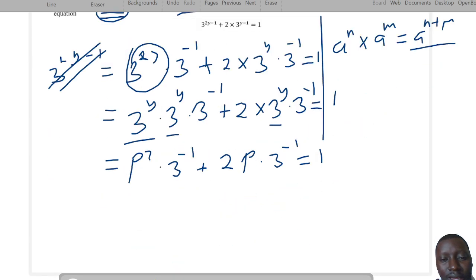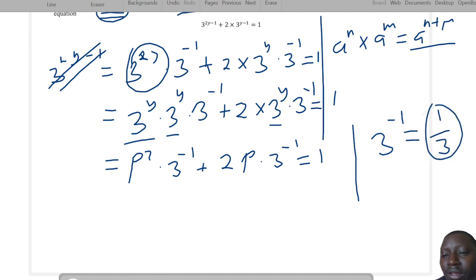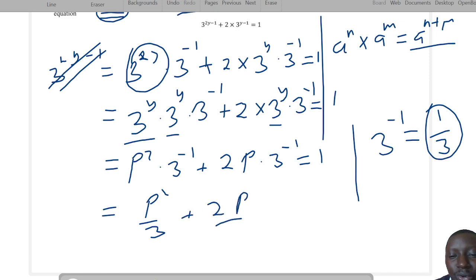So my class, you know this, that 3 power negative 1 is basically equal to 1 all over 3. So here now, p squared times 3 power negative 1 is the same as p squared divided by 3, then plus 2p divided by 3, and this is equal to 1.